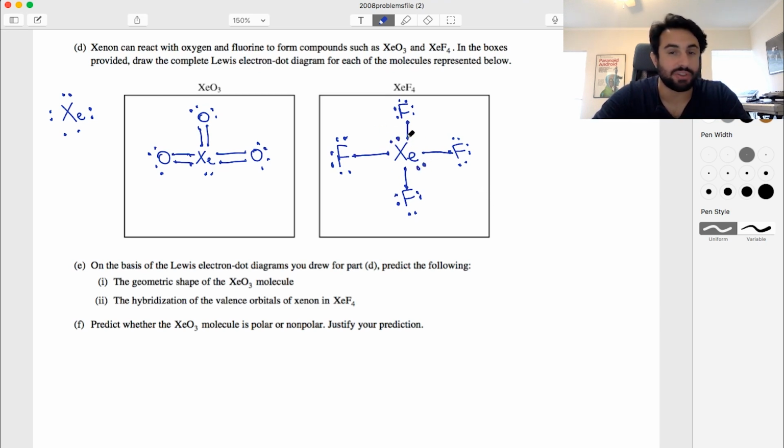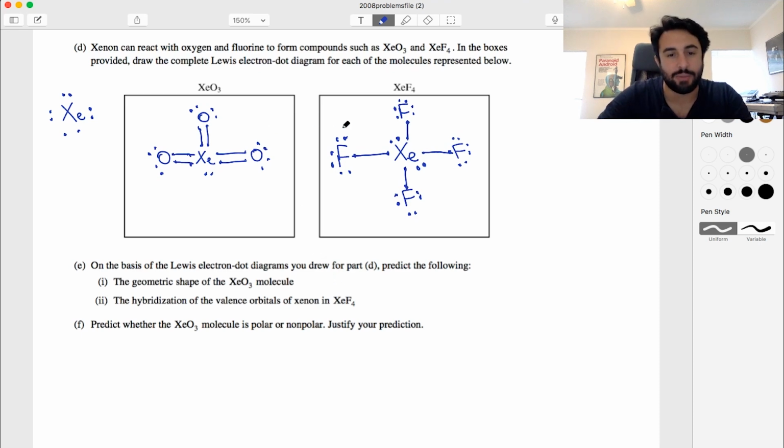So this is what this is going to look like. Xenon's got 8 valence electrons. It's going to use 4 of them to make these 4 single bonds to fluorine, and then it'll have 2 lone pairs left over, right? So that's what these Lewis structures are going to look like. Again, we need all of those lone pairs on fluorine.